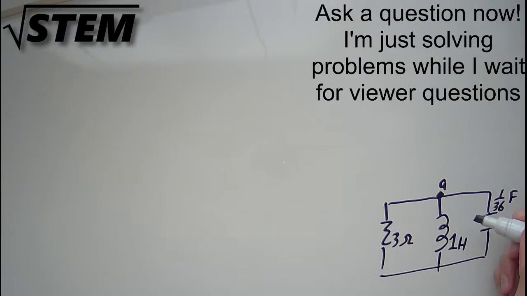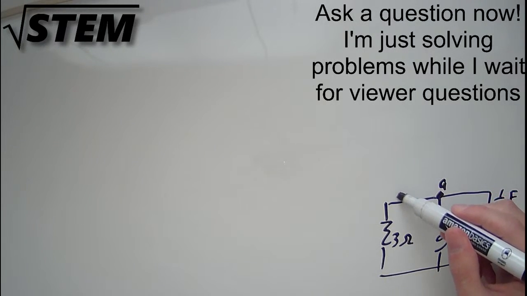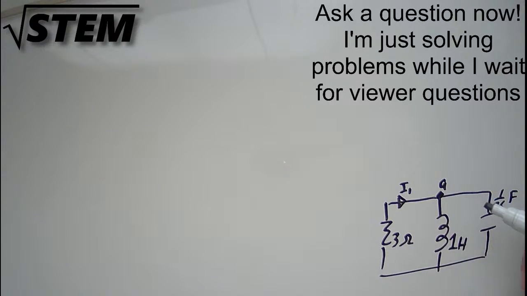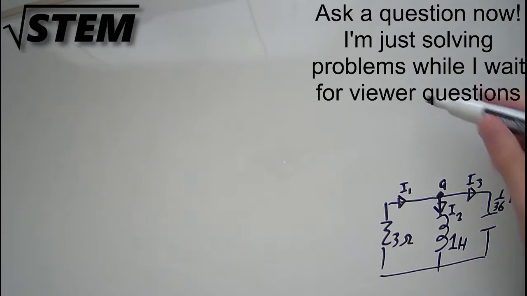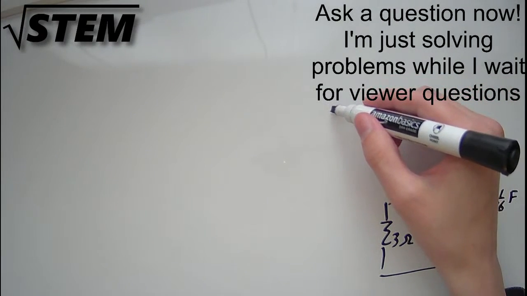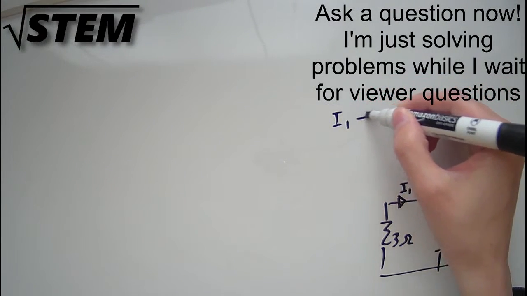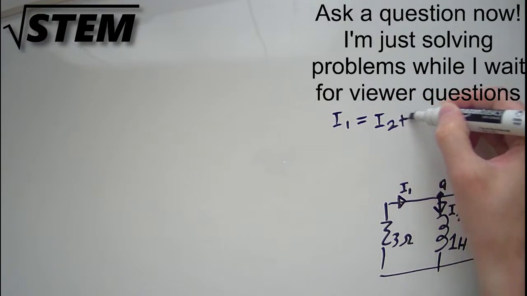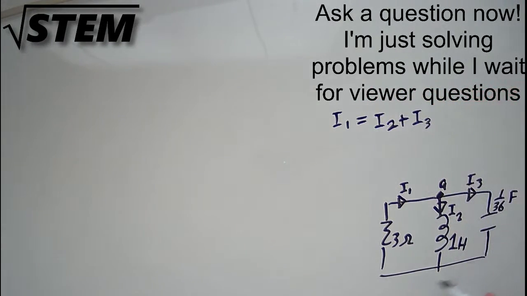Point A here, or node A. We've got current I1 there, I2 going that way, and I3 going that way. So we are given I1 equals I2 plus I3. All of the current going into node A has to equal all of the current going out of node A.